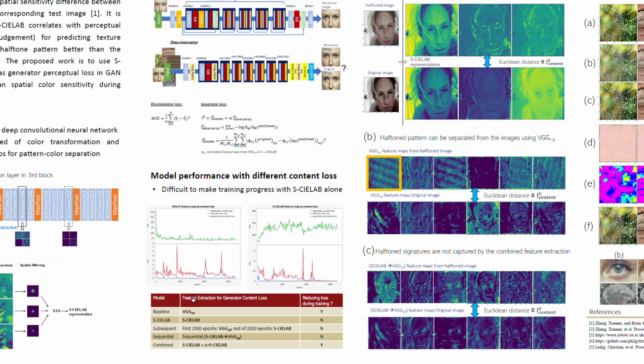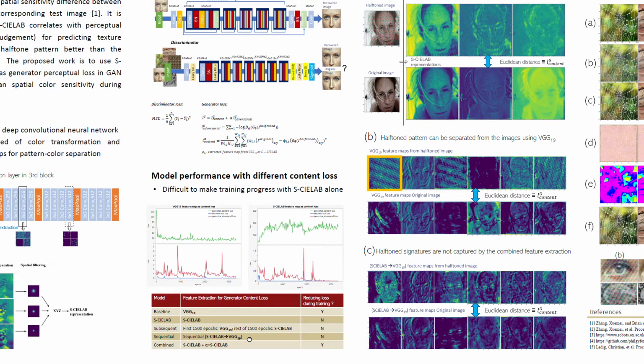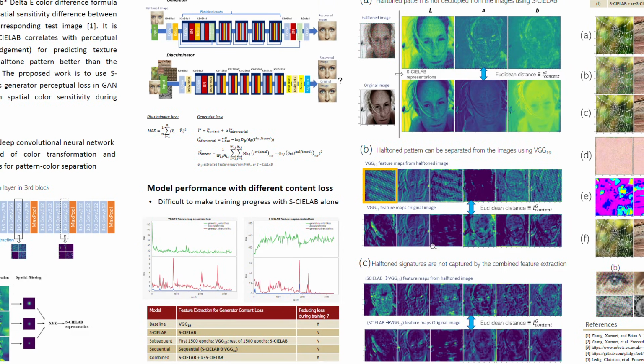So I trained other types of models, including using the VGG feature map first and then S-CIELAB to extract the feature, or feeding the images sequentially through S-CIELAB and then VGG, or combining both S-CIELAB and VGG as the content loss. We see that only the combined models are able to make training progress.